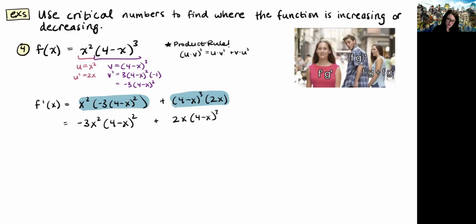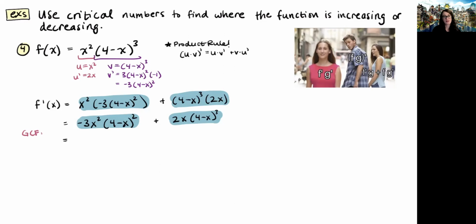Now within each of these blue blobs here, they haven't changed, but now what we want to do is write this thing that's a plus here as a product, like the whole thing as a product. And the way to do that would be to factor out a greatest common factor, or a GCF. Again, we're only doing this right now because we know the goal is going to be to set this equal to 0.